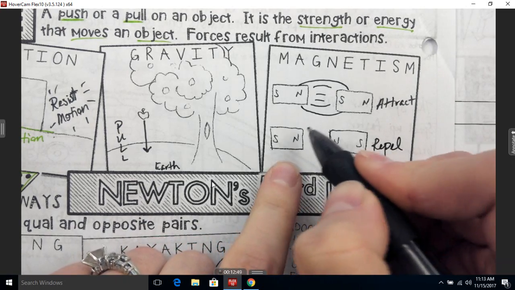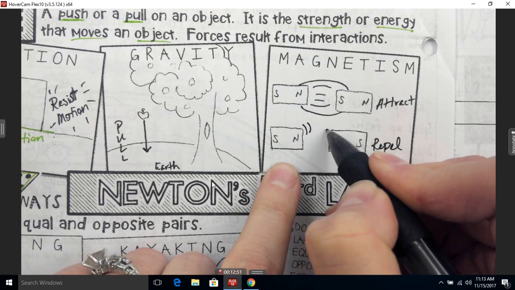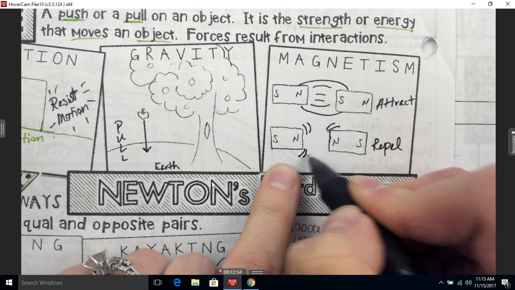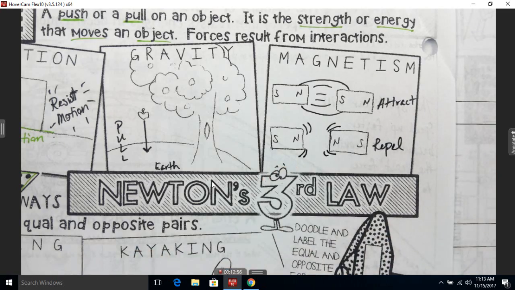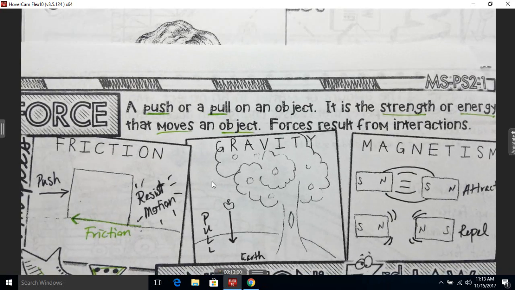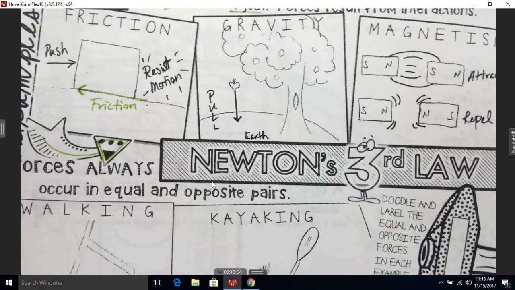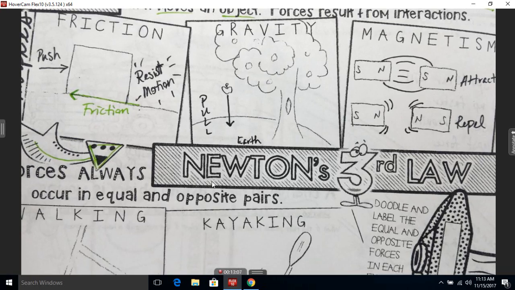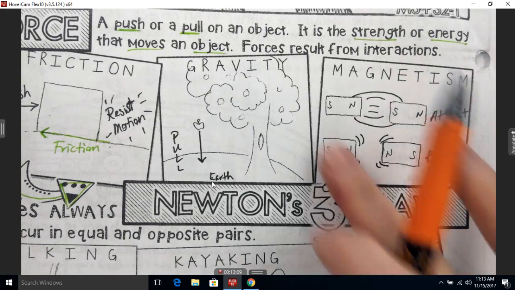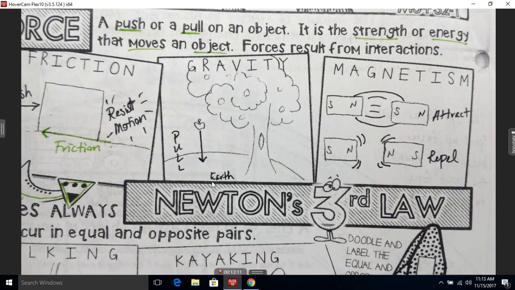Yes. I wouldn't let you use the wrong ones. So I learned that the magnet was force. Yeah, that's what we're learning. We're going to do way more with this, but, okay.